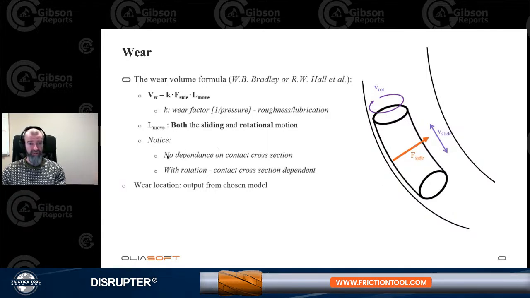But what's worth noticing is that there is no dependence on the contact cross section. As you can see from the formula, there is no cross section that goes into this one. So even if there is a groove that's already worn into the casing and you're doing a new operation, if the size of the drill pipe that you're running in is the same as the previous time, it'll fit nicely into the groove.